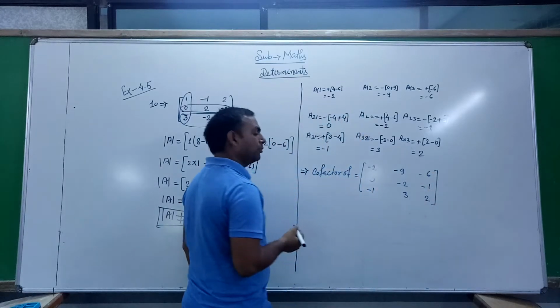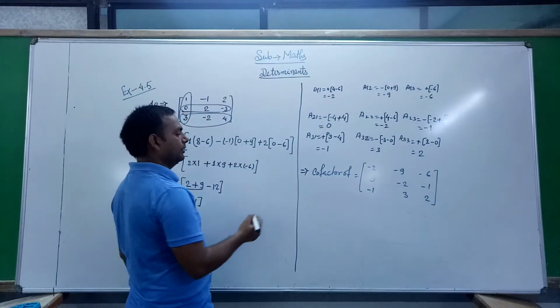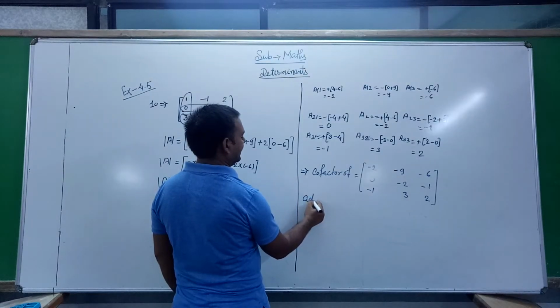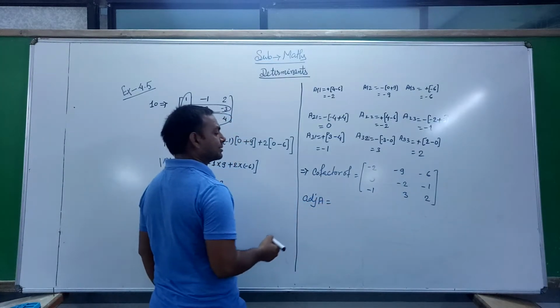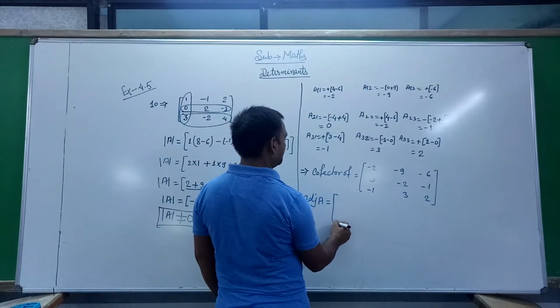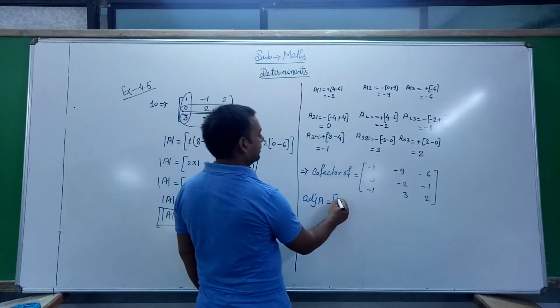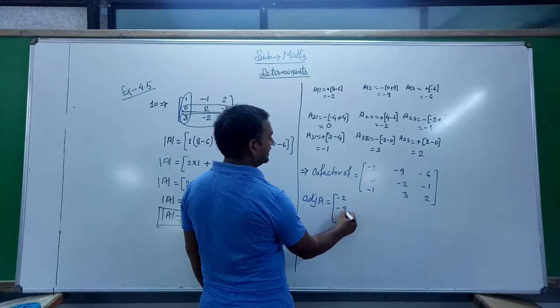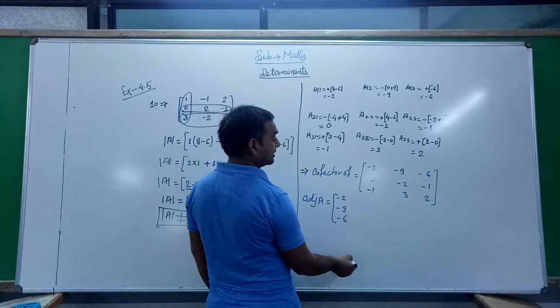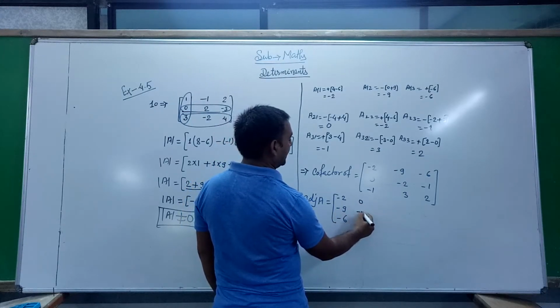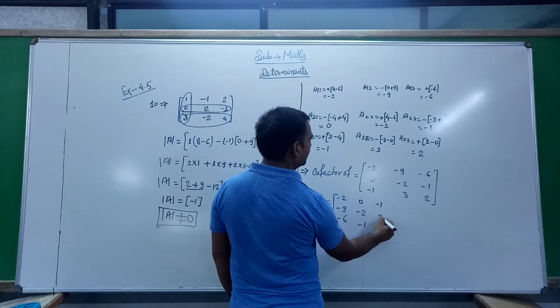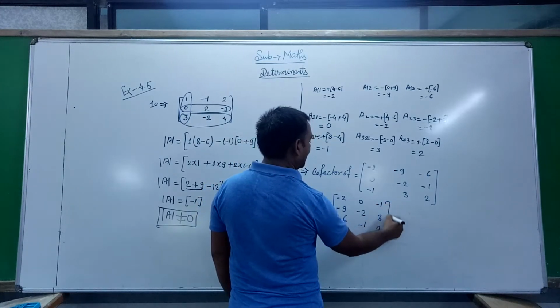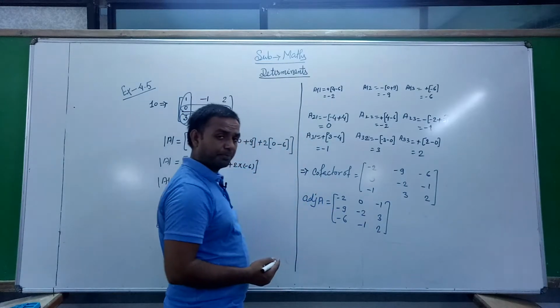Then you find the adjoint of A, ADJ of A, that is equal to the transpose of that matrix. You convert rows into columns: minus 2, minus 9, minus 6, then 0, minus 2, minus 1, then minus 1, 3 and 2. This is the adjoint of A.